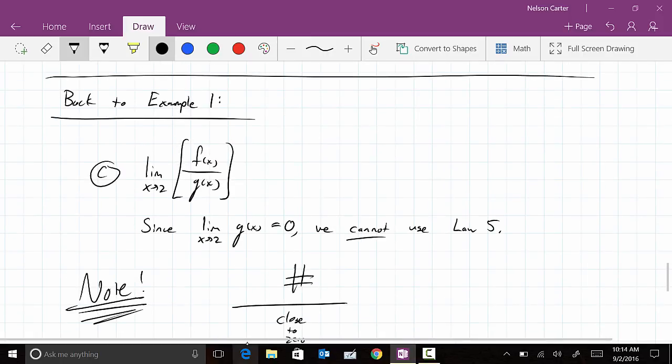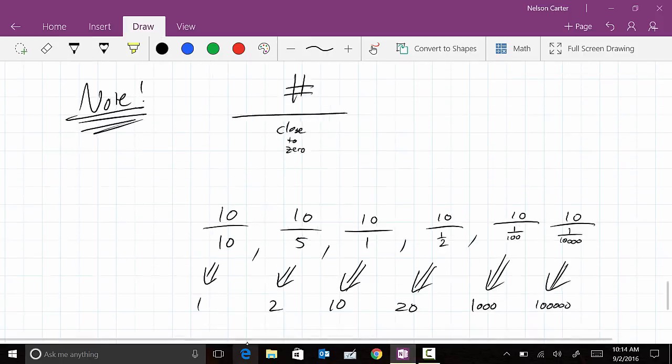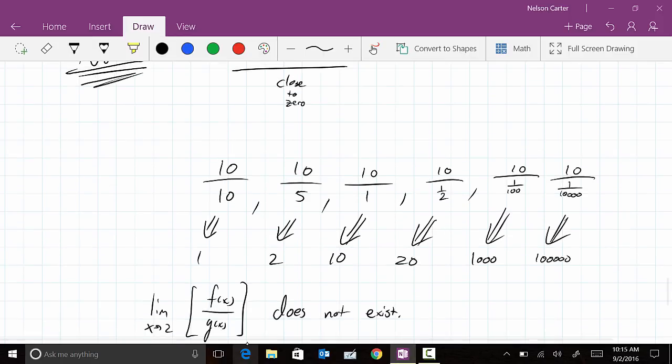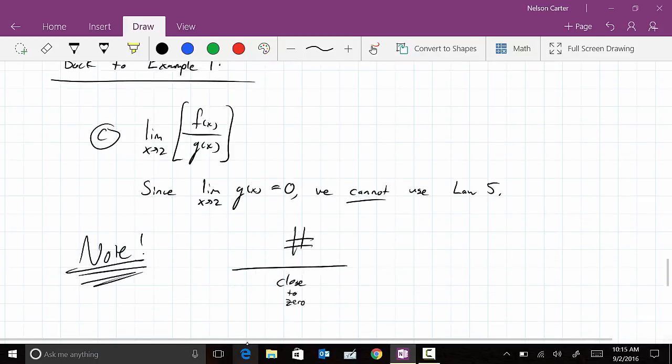So the bottom line is, in this problem, the limit as x approaches 2 of f of x divided by g of x does not exist.